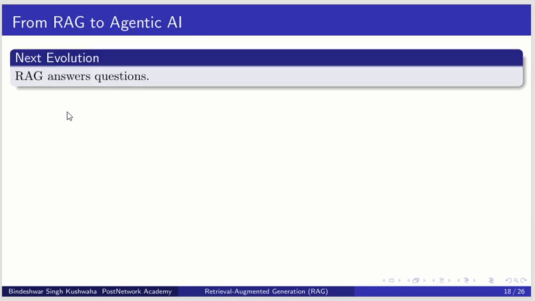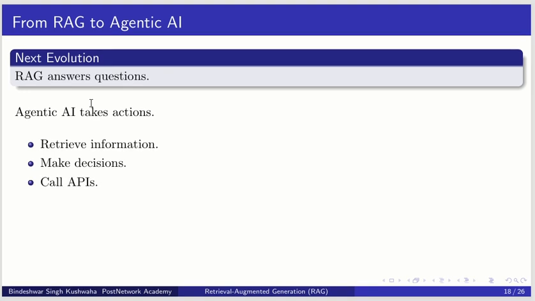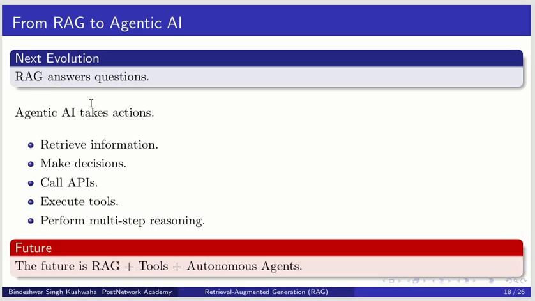So RAG answers questions. Agentic AI, from RAG to agentic AI. RAG answers questions. What is the difference? Agentic AI takes actions. So after RAG, we will also move to agentic AI. Retrieve information, make decisions, call APIs, execute tools, perform multi-step reasoning. So here, retrieve information would also be in agentic AI.